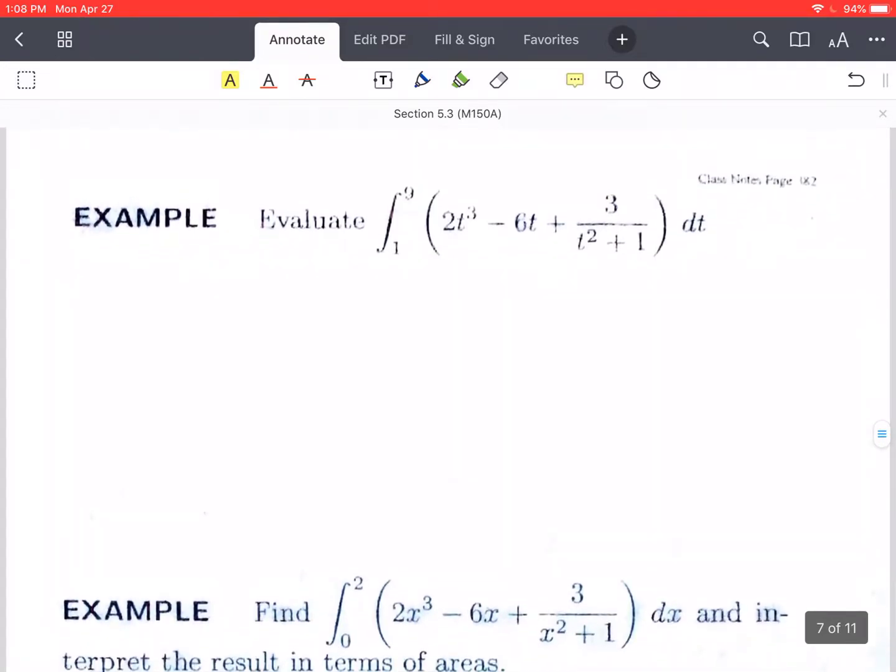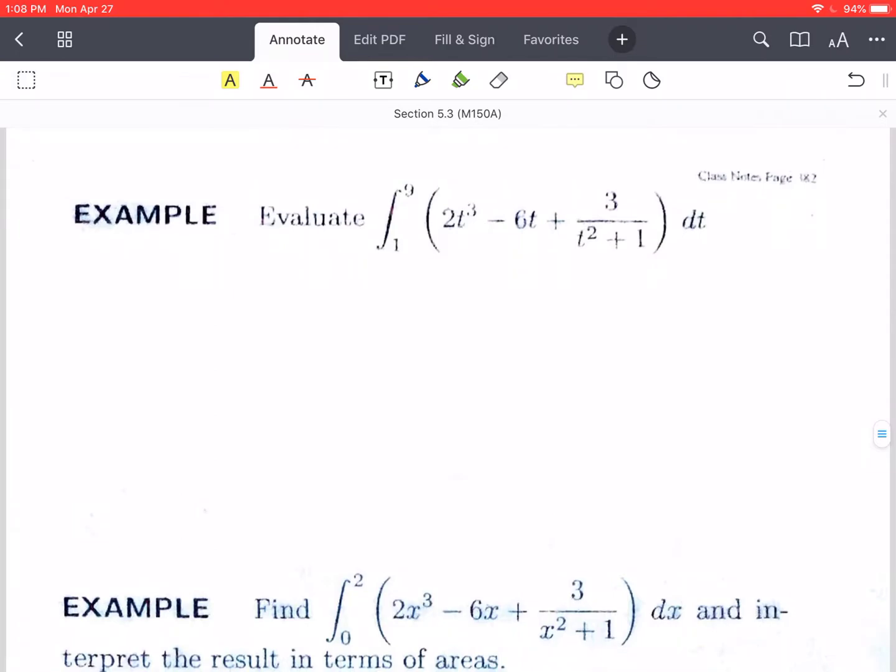All right. So evaluate the integral from 1 to 9 of 2t cubed minus 6t plus 3 over t squared plus 1 dt. So with this one, let's take the antiderivative of each of these parts.